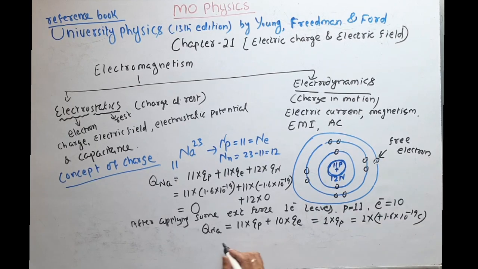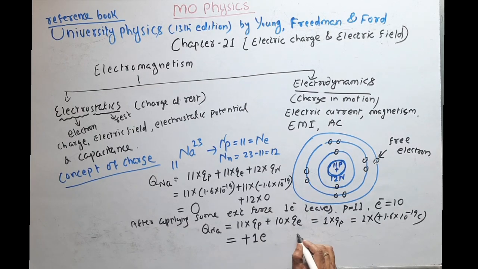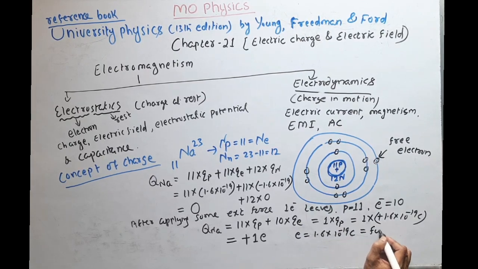So I can say here the charge of sodium atom is equal to plus, the number of electrons left is 1. And this 1.6 into 10 to the power minus 19 coulomb is simply written as e. So what is e? e is equal to 1.6 10 to the power minus 19 coulomb, which is called the fundamental charge.